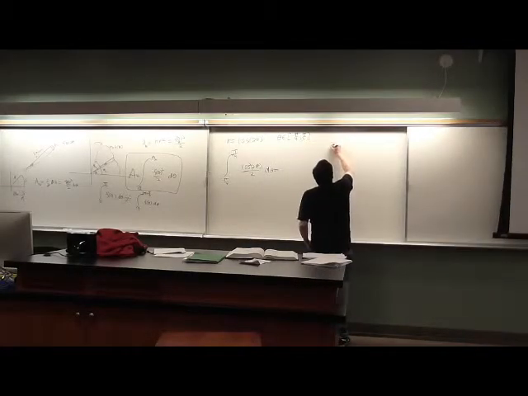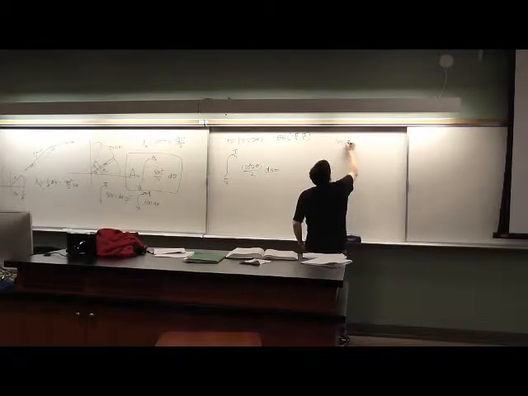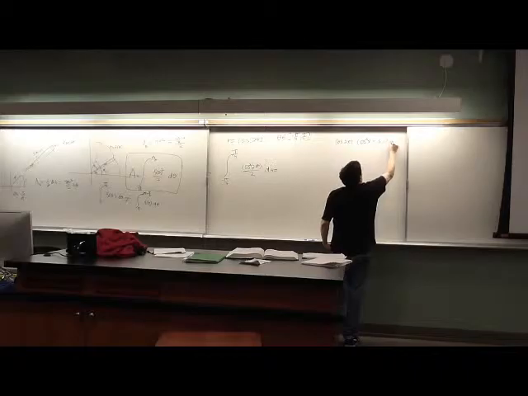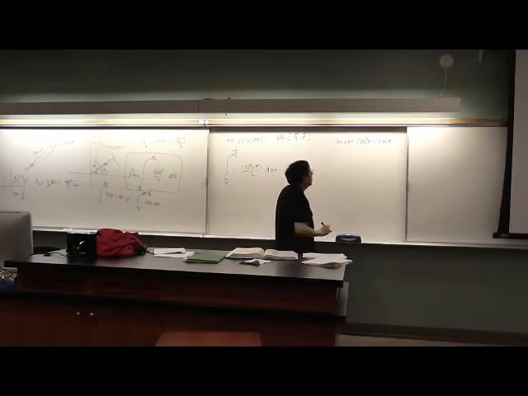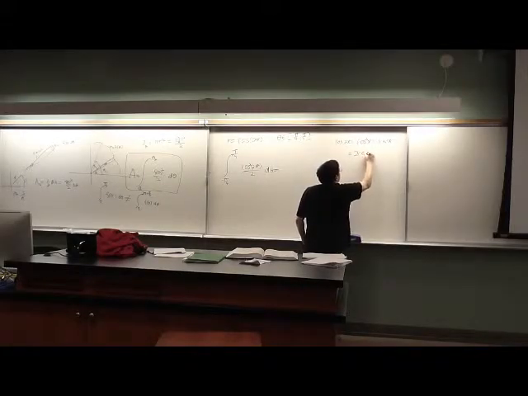We start with cosine 2x equals cosine squared x minus sine squared x, or 2 cosine squared x minus 1.